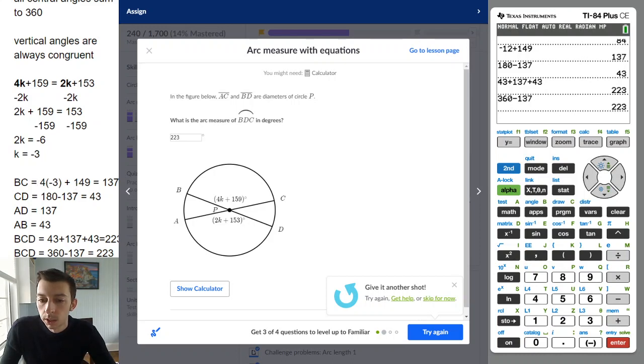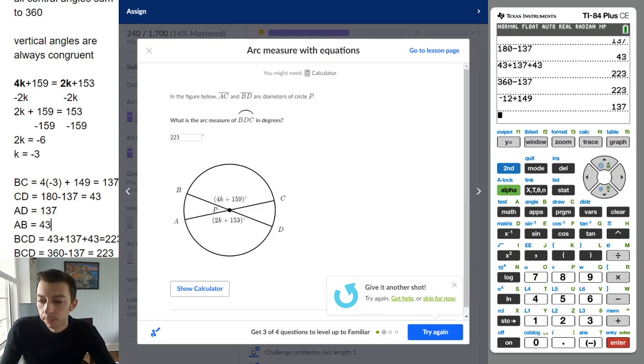BC is 4 times negative 3 plus 149, so negative 12 plus 149. We know that's 137, which means that's 43, 137, 43. And BDC should come out to 223.